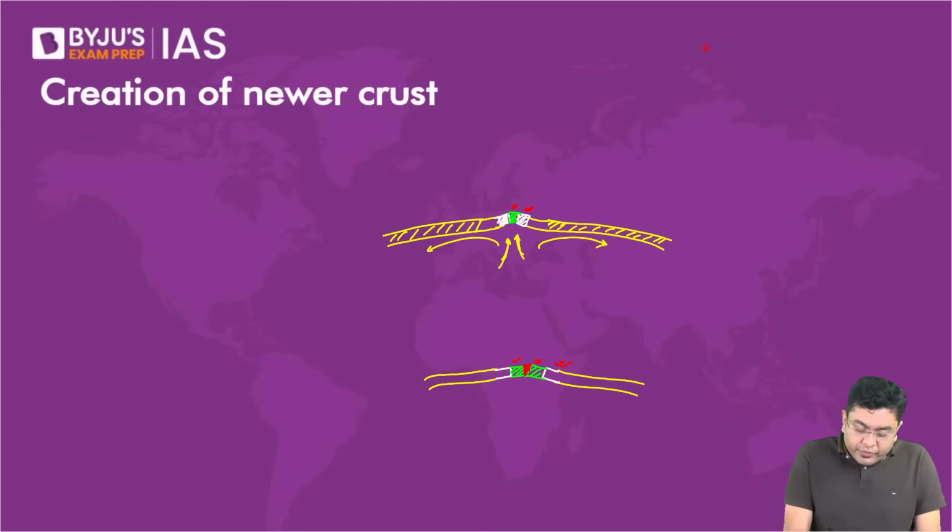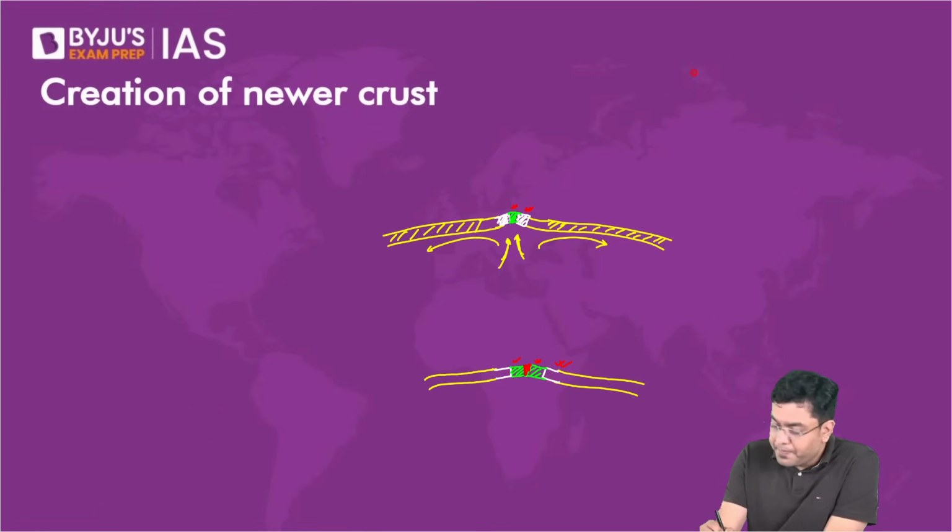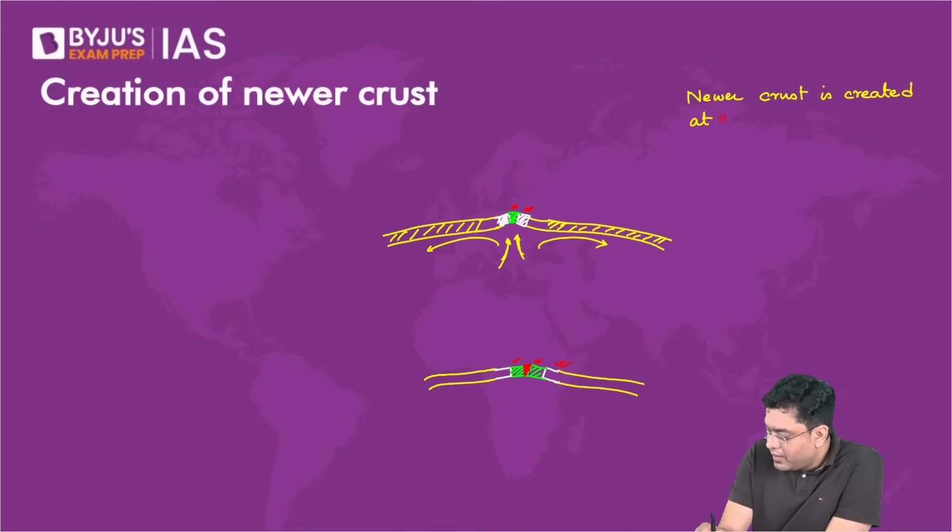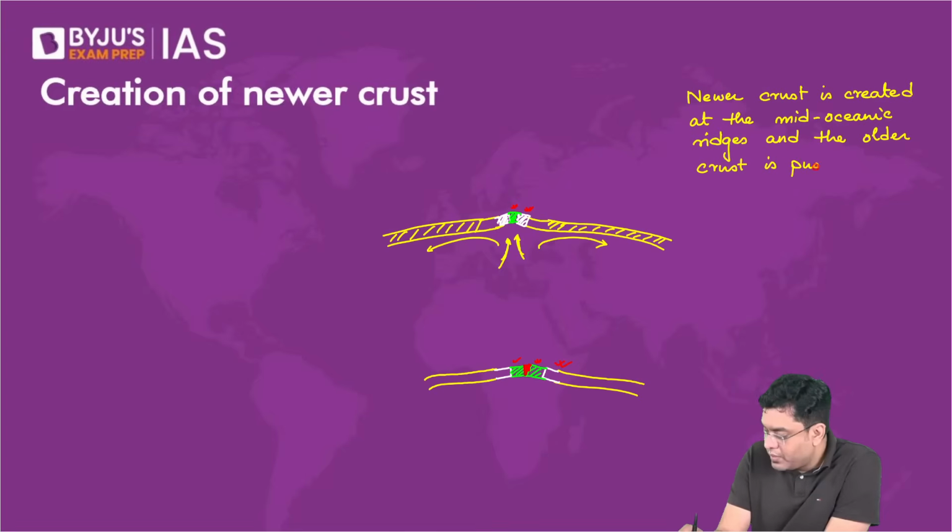So that means newer crust is created at the mid-oceanic ridges. Yes, Sayed, that is correct. And the older crust is pushed to the side.